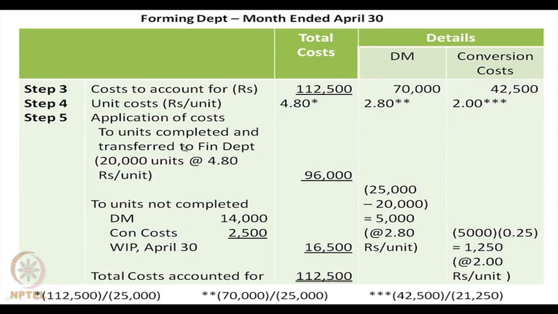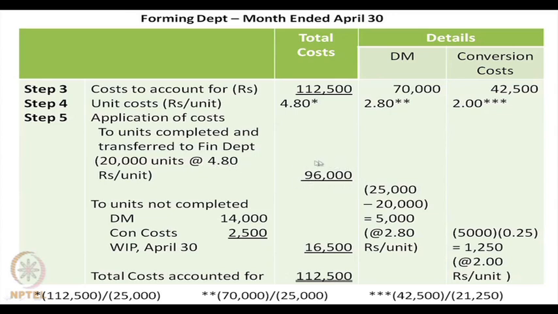Now, what we write here is very simple. Of the completed items, it is 4 rupees 80 paise and 20,000 units were completed. Therefore, the amount transferred is 20,000 multiplied by 4.80, which is 96,000 rupees.